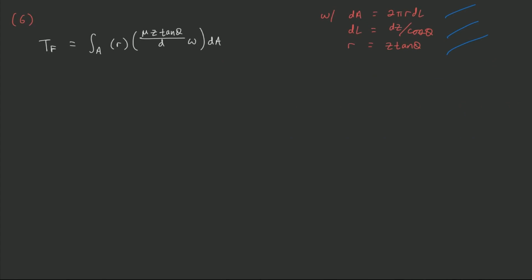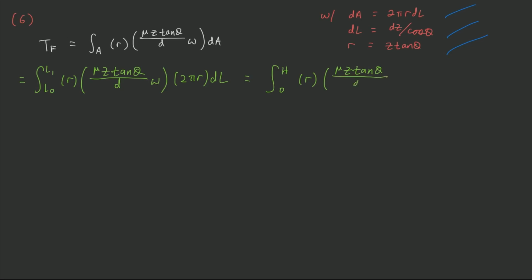Writing out this integral, we get the integral from L0 to L1 of r mu z tangent of theta over d omega times dA, which is equal to 2 pi r dl, and that's why we changed the limits of integration here, because we express this integral now in terms of L. And then we could say that that is equal to the integral from 0 to h of r mu z tangent theta over d omega times 2 pi r.